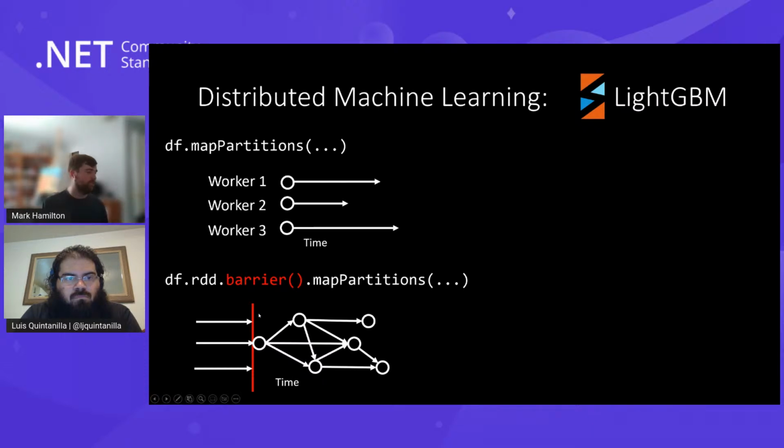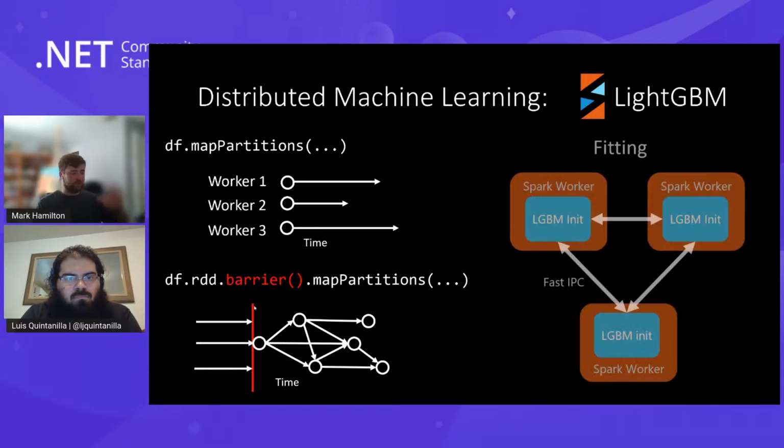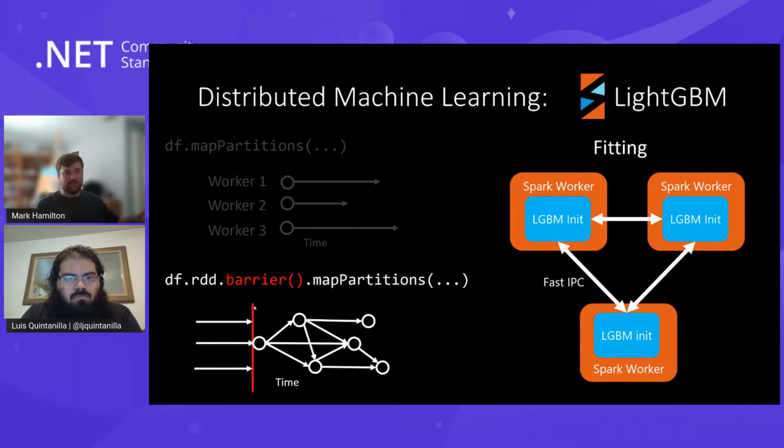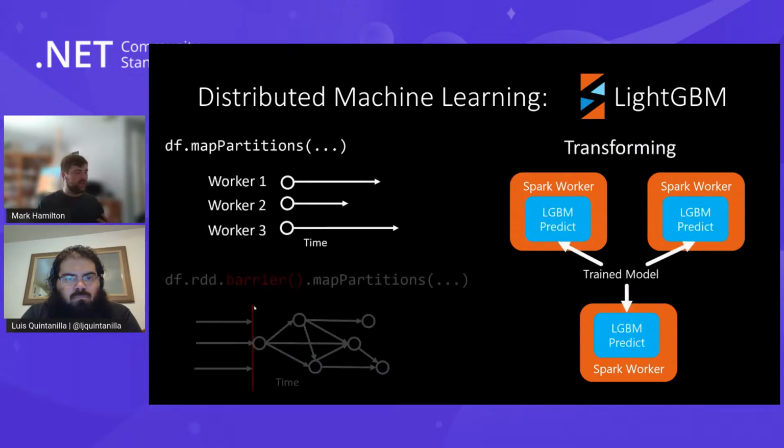And so what we do is that we stop Spark in its tracks. We transfer it over to LightGBM. LightGBM does complicated peer-to-peer communication using these fast socket protocols. And once it's actually done doing this very large training job, it takes that trained model, it broadcasts it back out to the workers, and then we're back in regular Spark land where we can apply map partitions and just predict, evaluate on the data in each partition with naive parallelism.